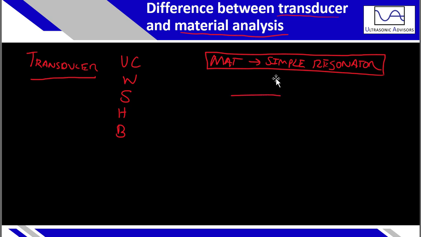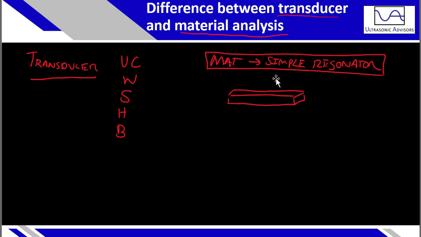So if we have a piezoelectric plate, the longest direction is the length in a single direction, and the other two directions, the thickness and the width, are small.